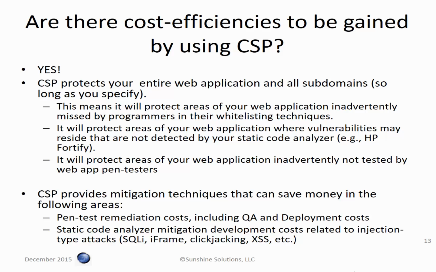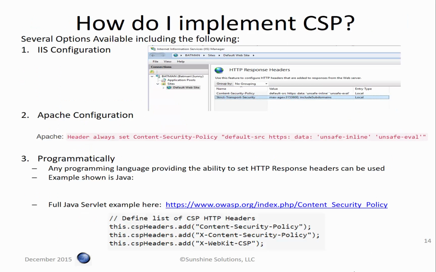And so content security policy helps to sort of put a blanket around that low-hanging fruit. It also helps in mitigation techniques and development cycles that usually have to be churned when addressing pen test results and fixes and static code analysis fixes. Now, as I mentioned earlier, there are two ways to implement content security policy.